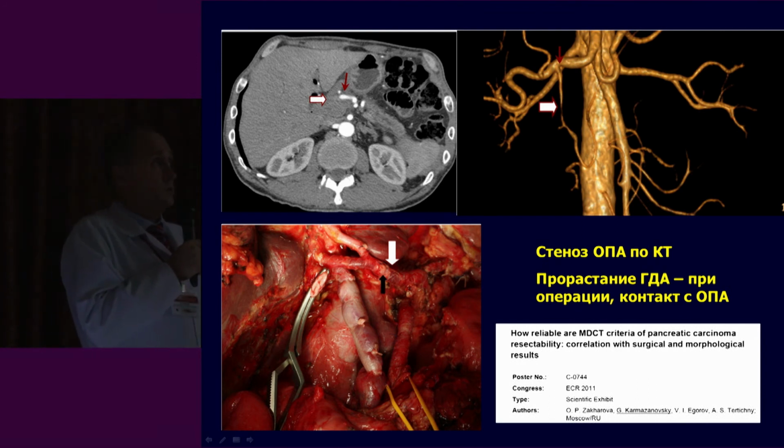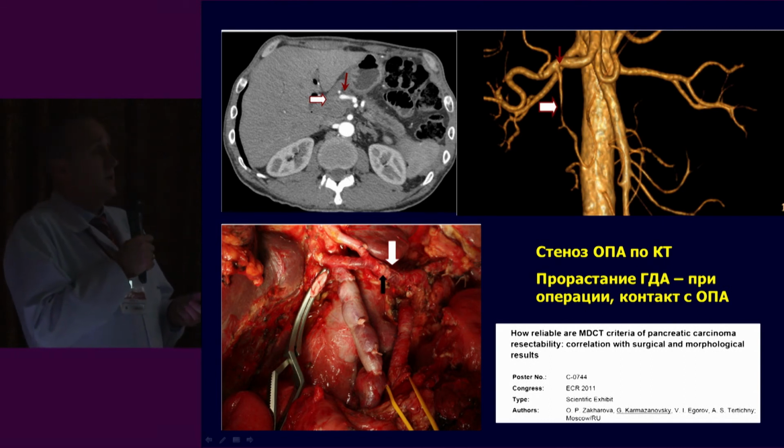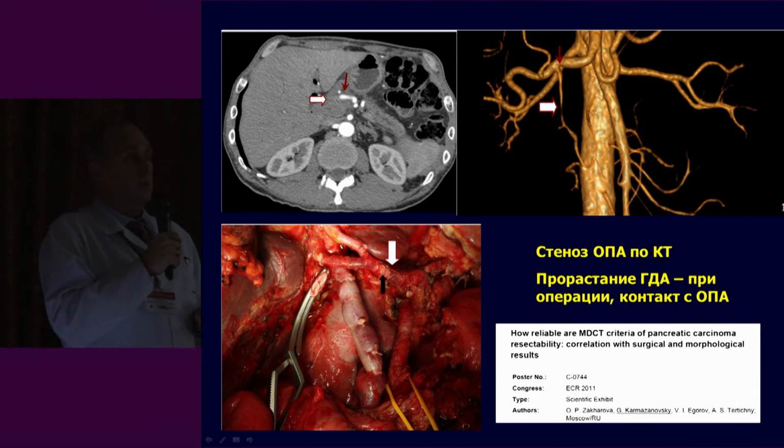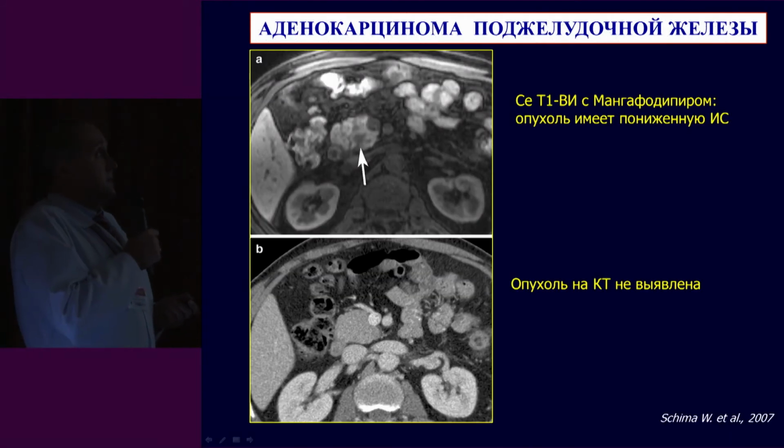Now, in CT, you have the common liver artery stenosis, but the diagnosis is quite different on MRI. Also, on contrast enhanced CT, you can see the head here, but you do not see the malformation.